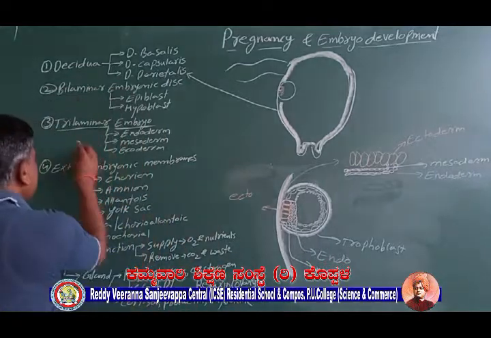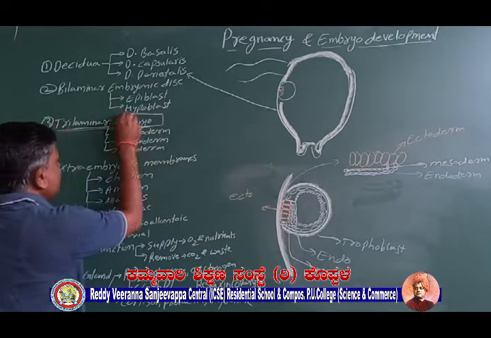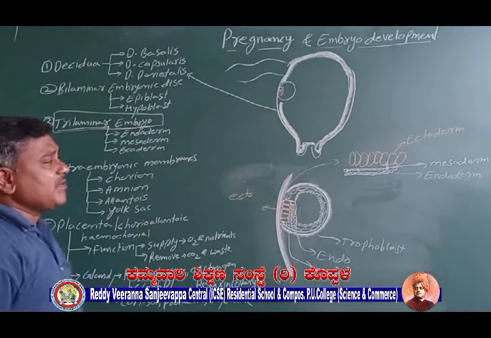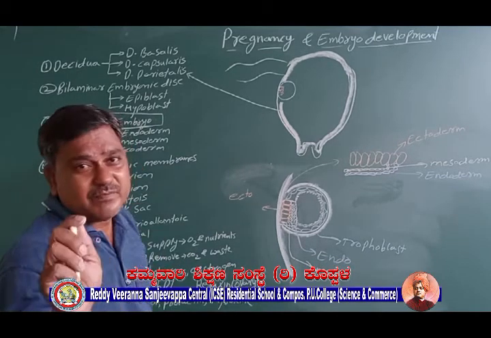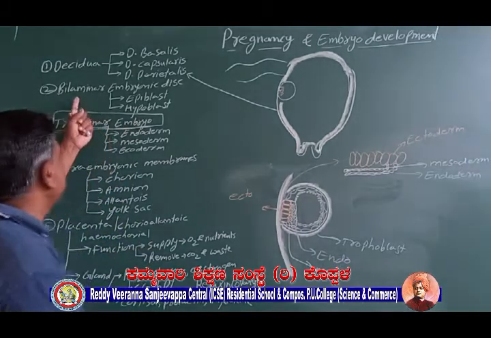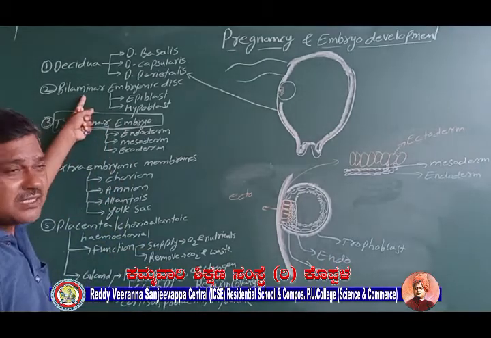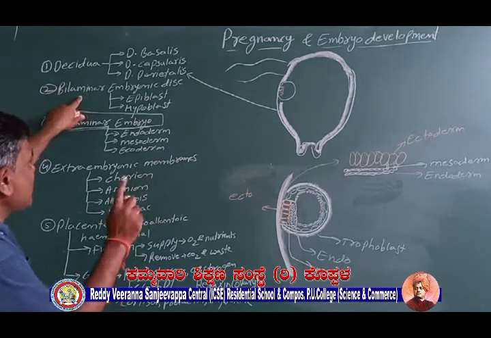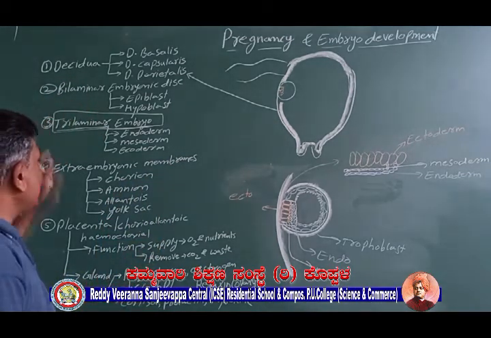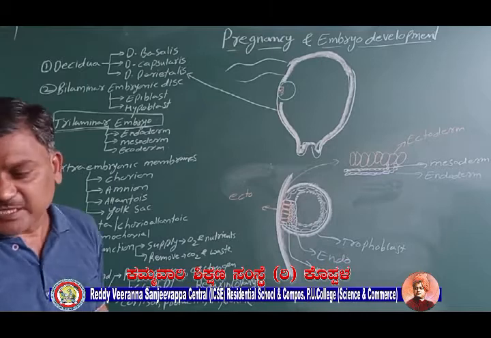But you have to keep in mind that trilaminar, that is the formation of 3 germ layers, occurs from the embryonal disc, which is made up of 2 layers. Clear? So decidua completed, bilaminar embryonal disc completed, trilaminar embryonal disc completed.